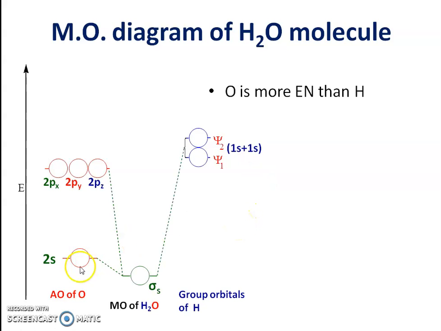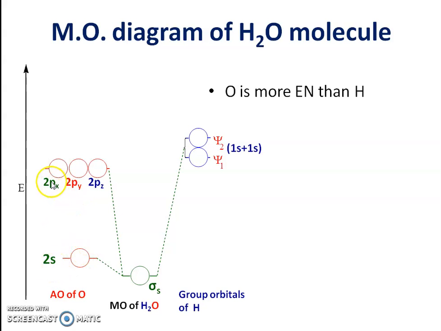Now you know that combination of 2s atomic orbital of oxygen, 2px atomic orbital of oxygen and psi 1 group orbital of hydrogen results in the formation of a bonding molecular orbital, that is sigma s, which has lowest energy, because during combination between 2s and 2px, there is an in phase combination.